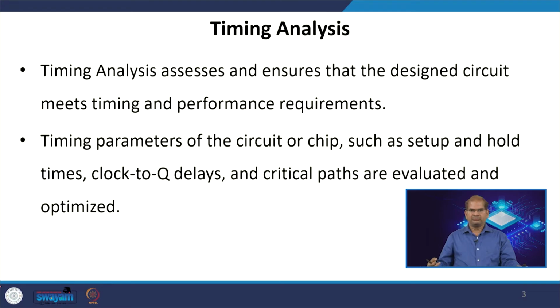So, we analyze the timing of the circuits and optimize the speed of the design. The timing parameters of the circuits include setup and hold time, clock to Q delay, rise propagation delay, and fall propagation delay. All these are taken into account to find those paths and optimize them.